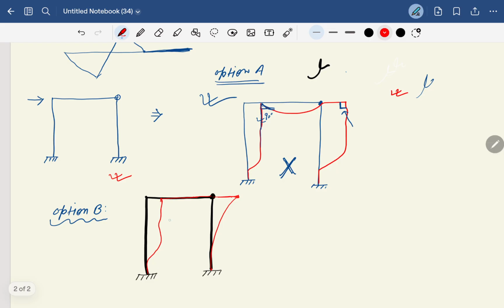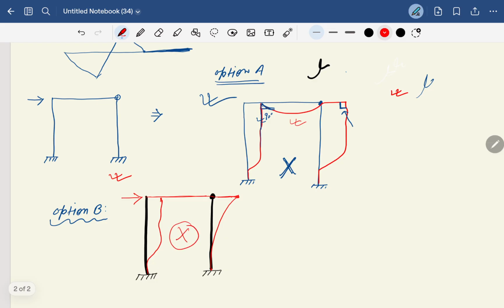And second, in this case, see here, in this beam there is no bending moment, so it is not possible, because when there is a lateral load, this beam will always have some deflection. But in this case there is no bending in this beam, it is not deflecting, but it should be deflected like this. So this option is also wrong, understand?